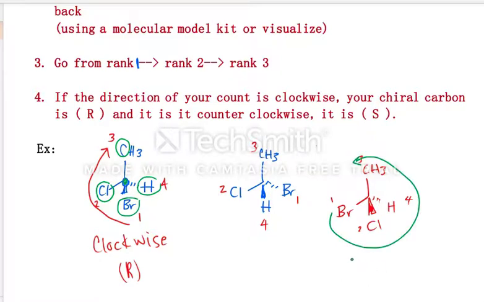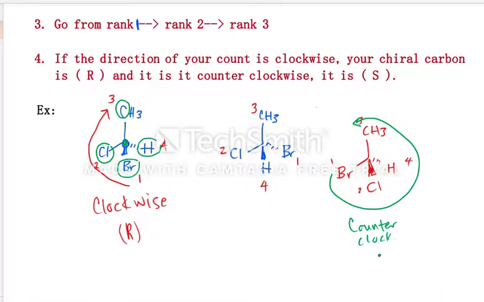So we're going counterclockwise. If we're going counterclockwise, it is an S. So these two molecules are not identical, they are stereoisomers. This is an R-1-bromo-1-chloroethane. This is an S-1-bromo-1-chloroethane.